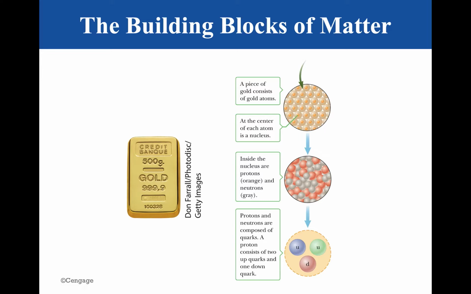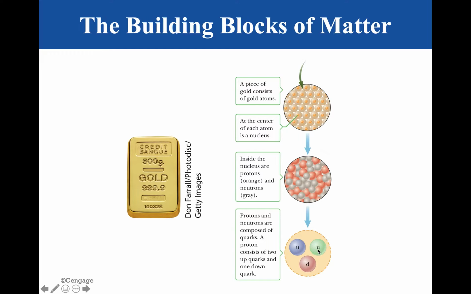Protons have positive charges, neutrons have no charge, and around them in a kind of cloud of probability are electrons, which are negatively charged particles. But inside neutrons and protons, you also have smaller particles in the standard model of particle physics. We've seen them in particle accelerator reactions, and these are called quarks.